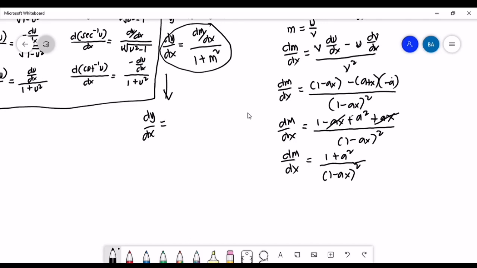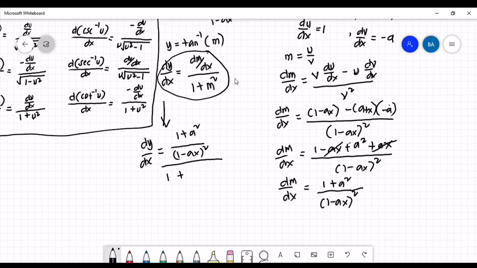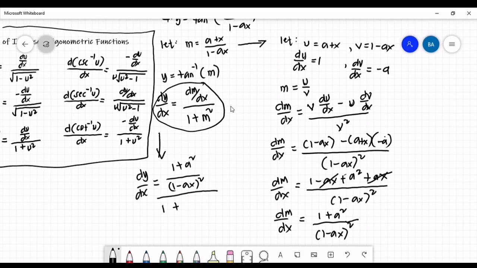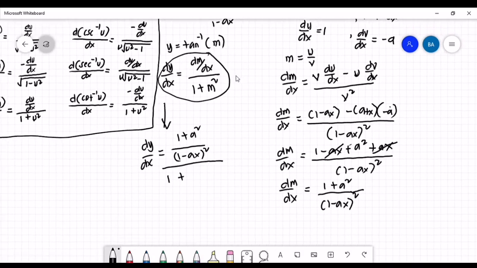So dm/dx is equal to 1 plus a squared over (1 minus ax) squared, divided by 1 plus m squared. Let's check, our m is equal to a plus x divided by 1 minus ax.